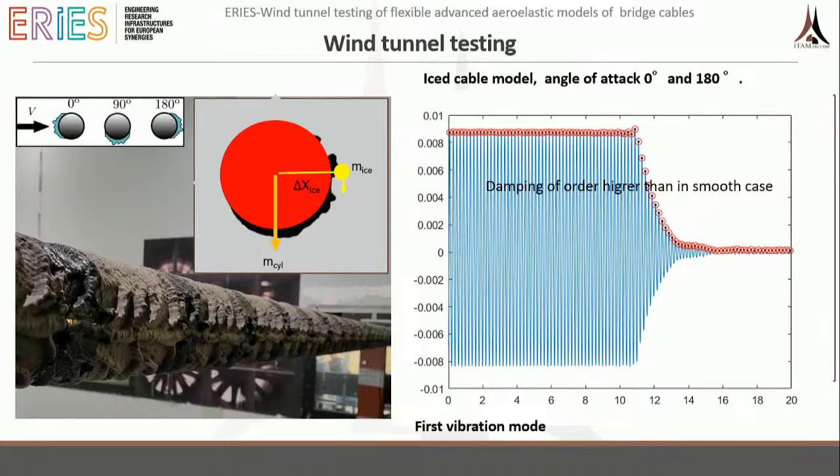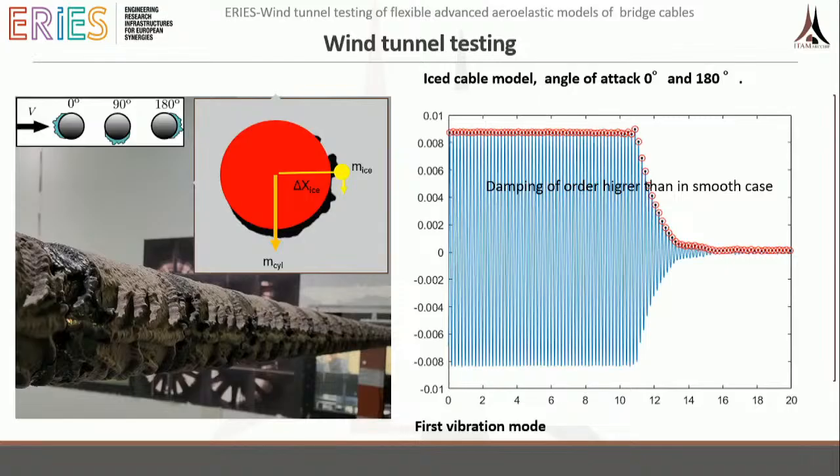Maybe you would ask, how was it with the damping? So the damping of the cable was very low for the case of the 90-degree ice and the smooth cylinder.